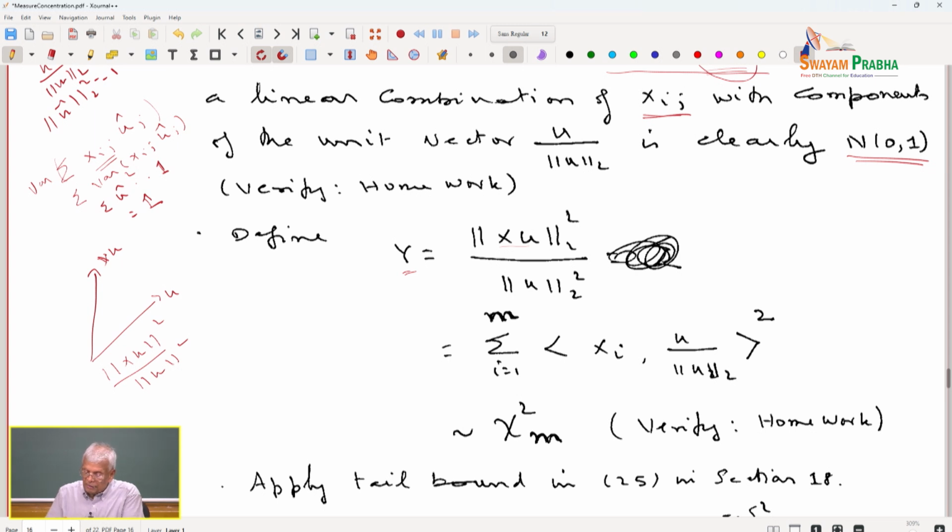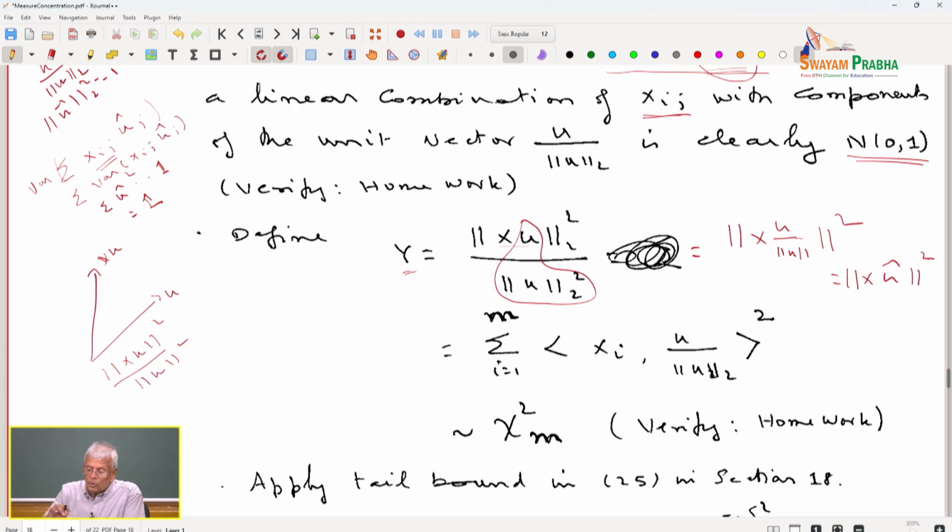And this can be written, as you should know by now from matrix algebra, as x applied to u divided by the norm of u, whole square, because if I divide u by this, I can pull it in, and that is equal to x u hat whole square.